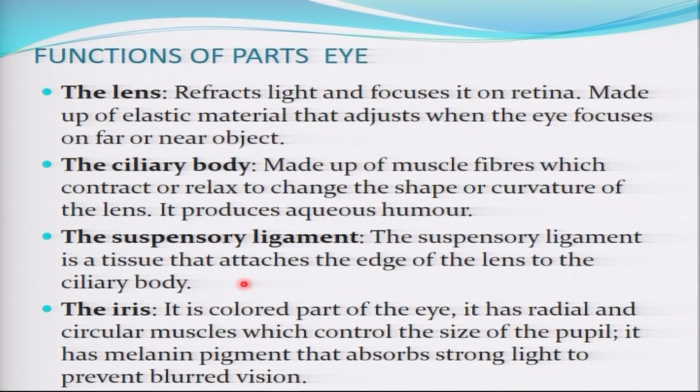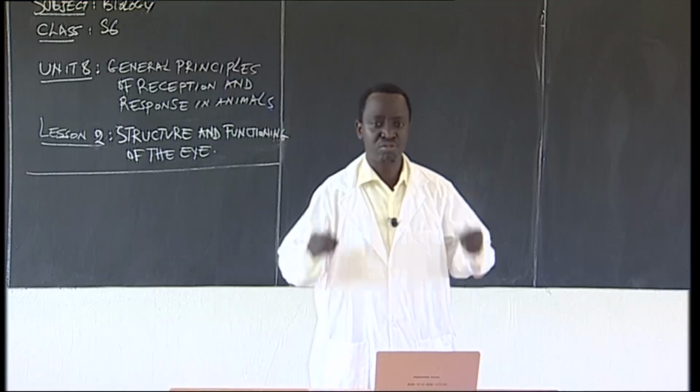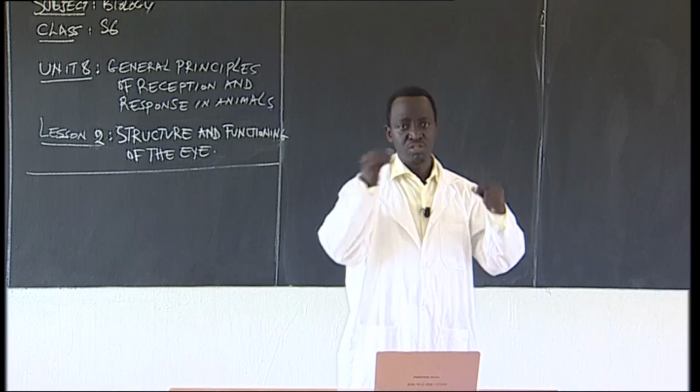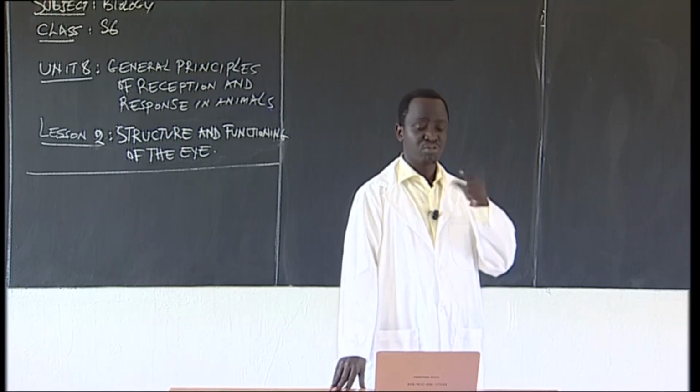Sometimes we cannot see the image well. So the iris is there just to give you a good image, to absorb strong light. That is how our eyes are able to see in strong light. It uses this iris. The iris is there just to do that.